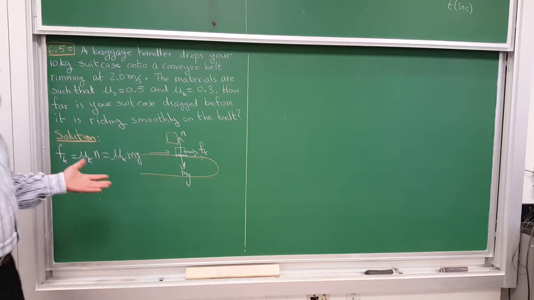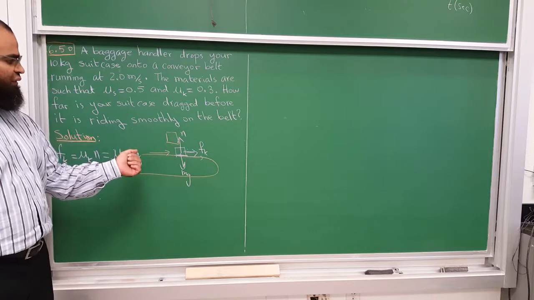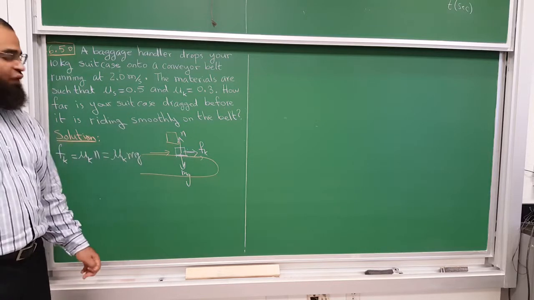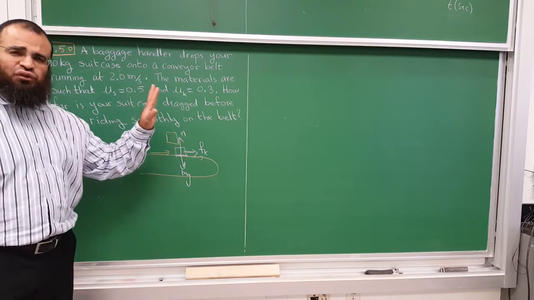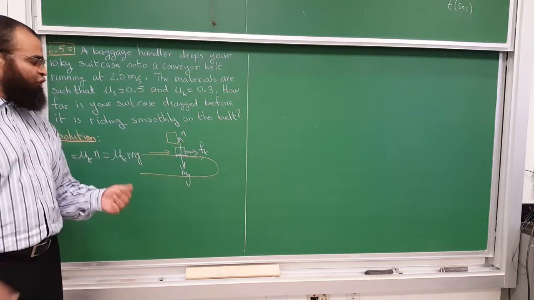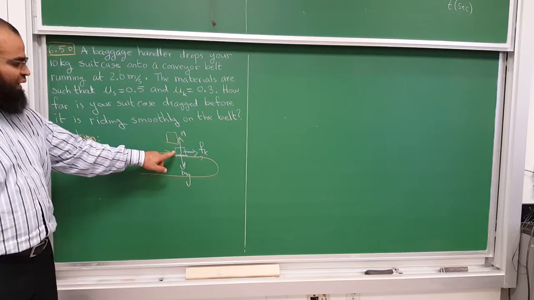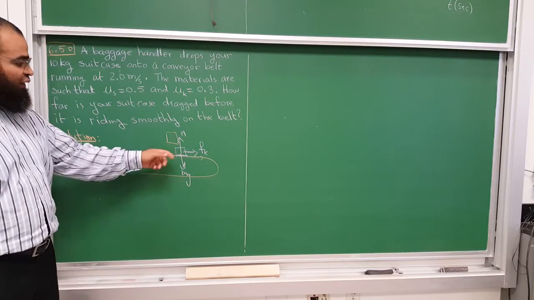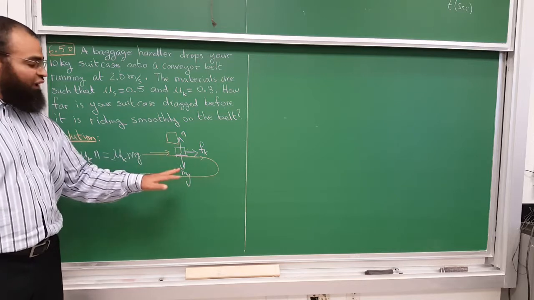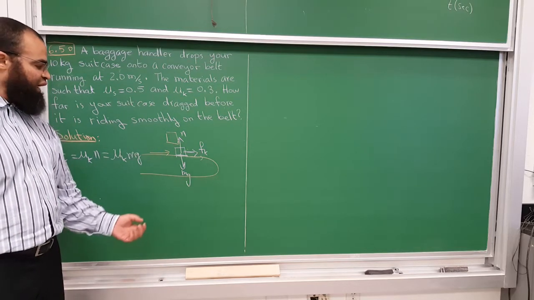Is there another force on the bag along the x direction? The answer is no. There is only friction. That's it. With Newton's laws, if there is no contact between two objects, there is no force between them. There is a normal force because there is contact between the bag and the conveyor belt. There is a force of gravity. That's the only exception because the earth can reach in and grab you and pull you down.